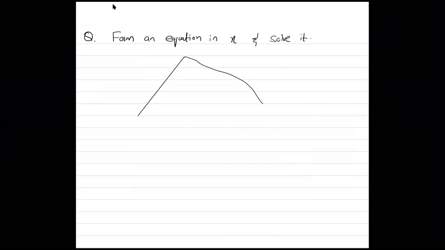Okay. My questions लिख रहा हूँ यहाँ पे. Draw the figure and I want you to solve this. Okay, this symbol is for 90 degree.